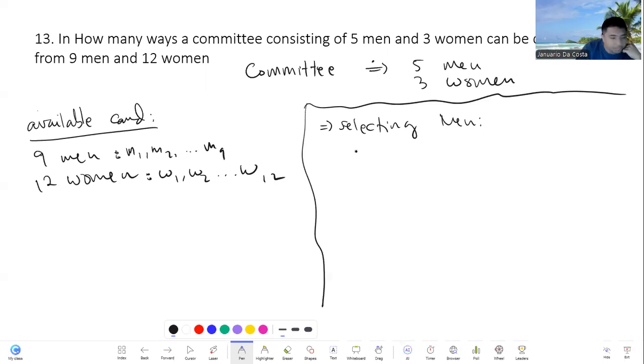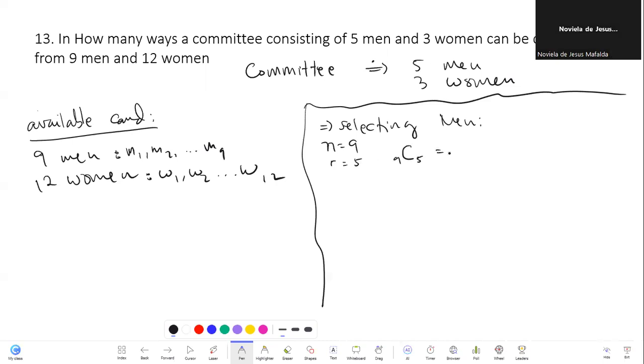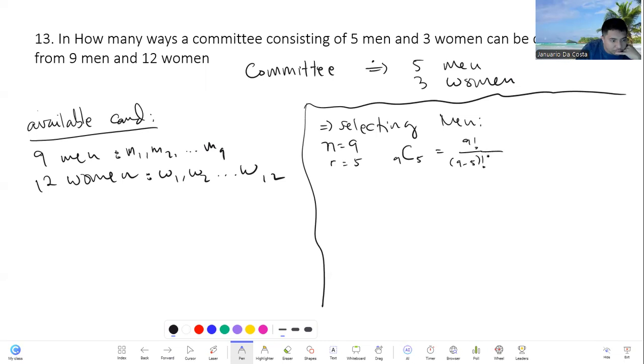So the way you select men is you have how many n? N is 9, because you have 9 possible men, and you want to select only 5 men. So C of 9 and 5: 9 factorial over (9 minus 5) factorial times 5 factorial, which is 9 factorial over 4 factorial times 5 factorial.